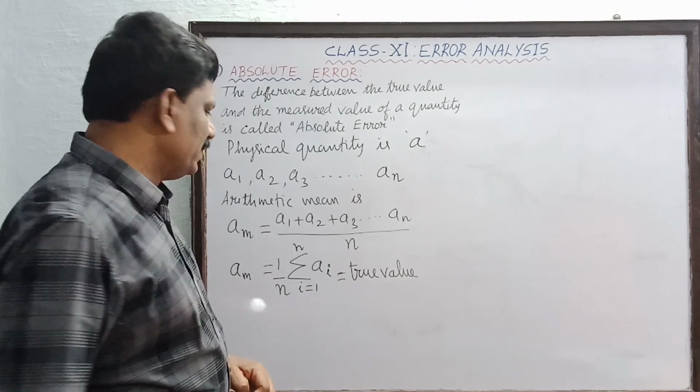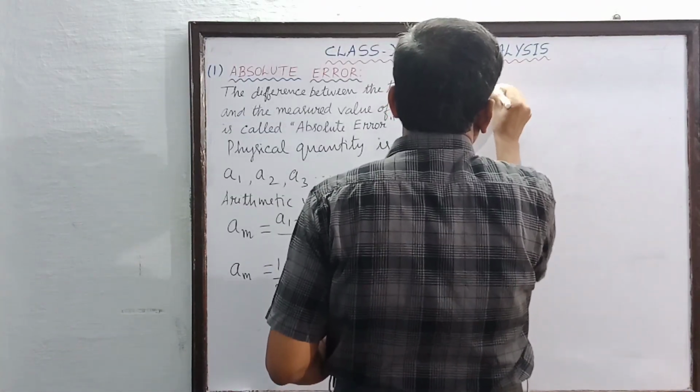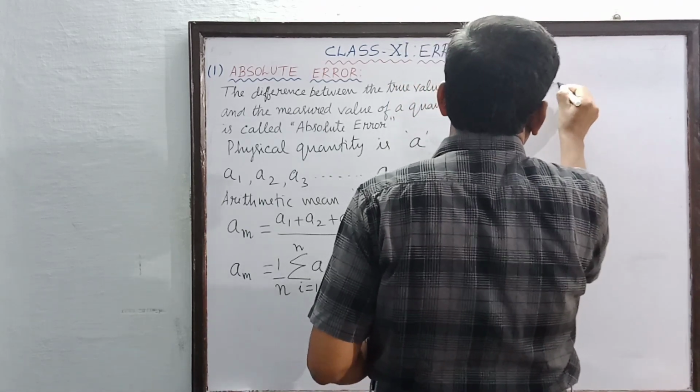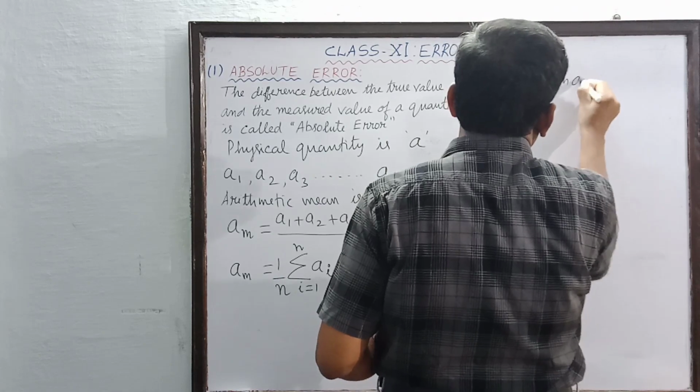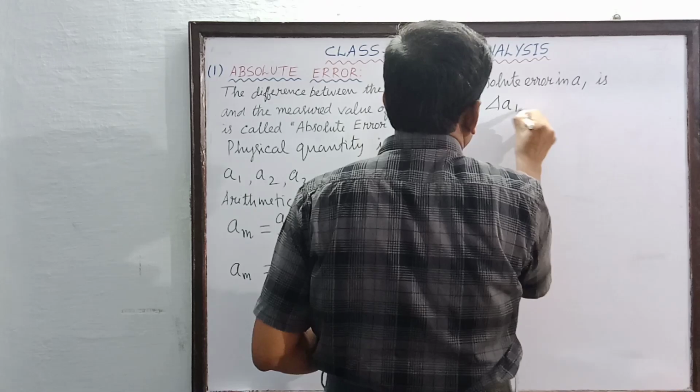Now I will explain clearly. First I will take the absolute error. The absolute error in A1 is denoted as delta A1.